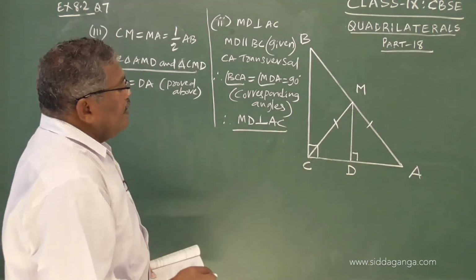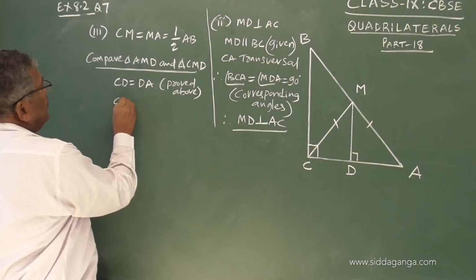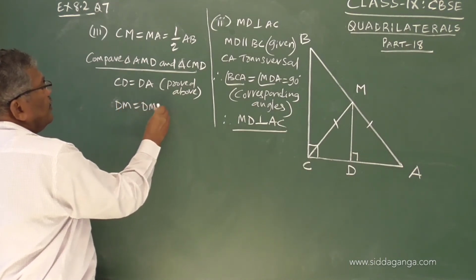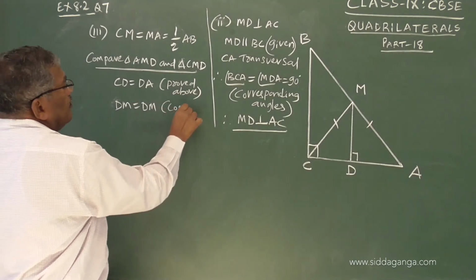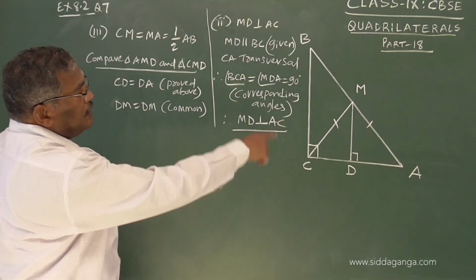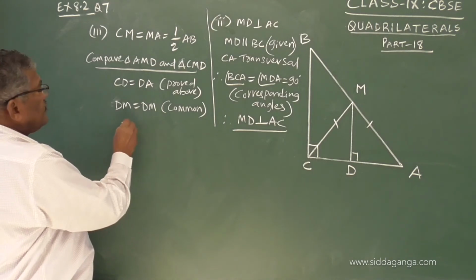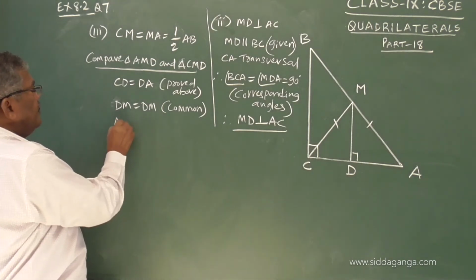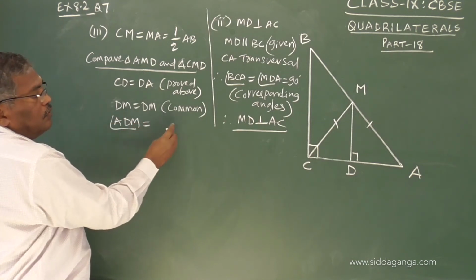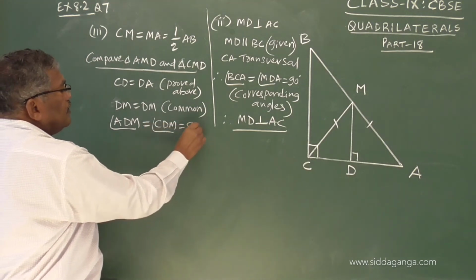So now, DM is common. DM equals DM, common. And angle ADM is equal to angle CDM equals 90 degrees.